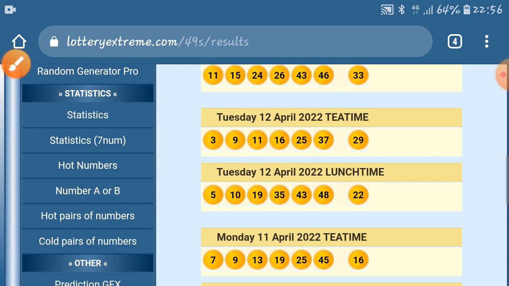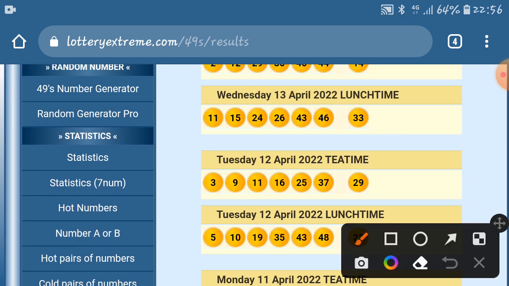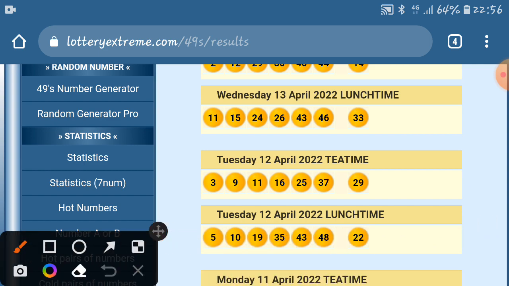There is a number that is always coming on the other draw. Okay, 22 multiplied by 7 equals to 154. Look at this carefully. 154. So on 154, we have got 15 and 14. 15 plus 14 equals to 29.